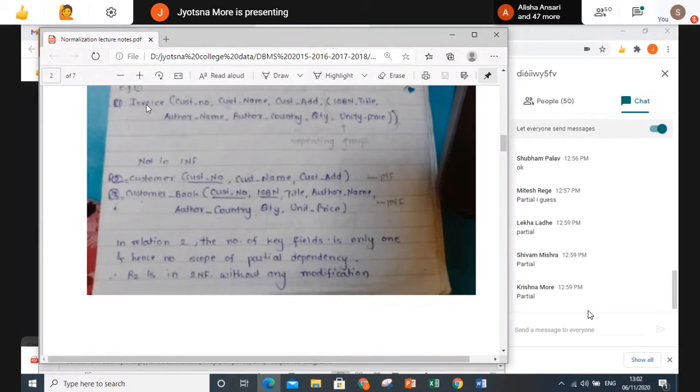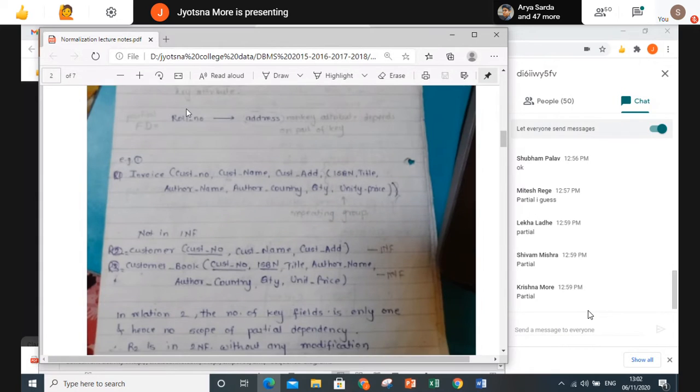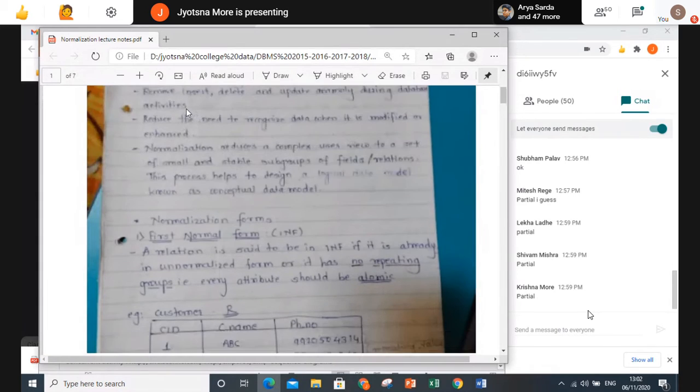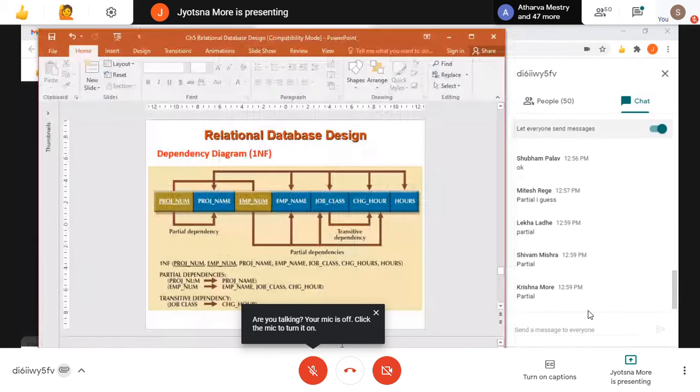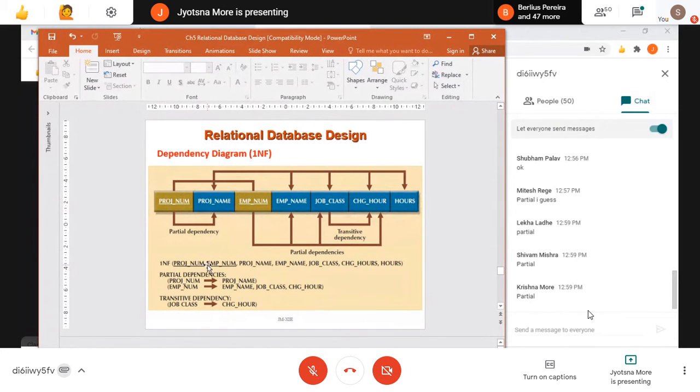This is my R1. Write down R1, round bracket, and list down all this given: project number, employee number, which is the given functional dependency, project name, employee name. In place of 1NF, you write down capital R1 and write down all these.